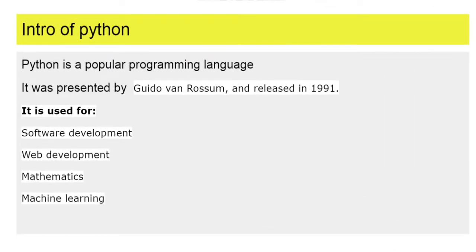So we have the introduction to Python programming. Python is a popular programming language, and that is why Python is everywhere. We can explore the popularity of the programming language called Python. It is very popular. Everyone is talking about Python, and the creator of Python is Guido van Rossum, who released this language in 1991.